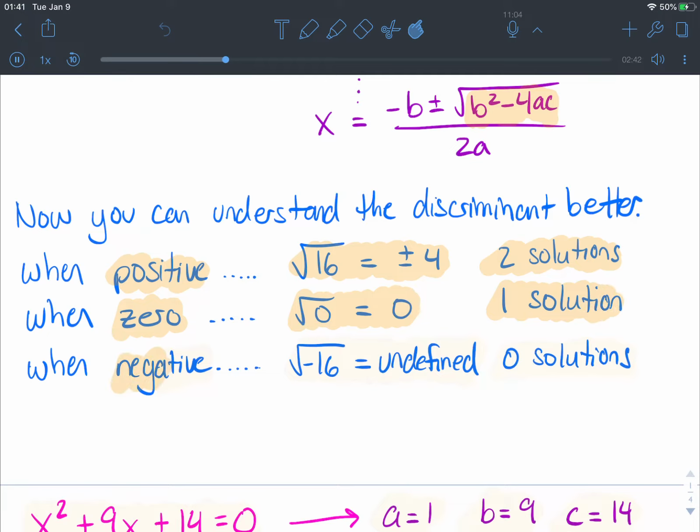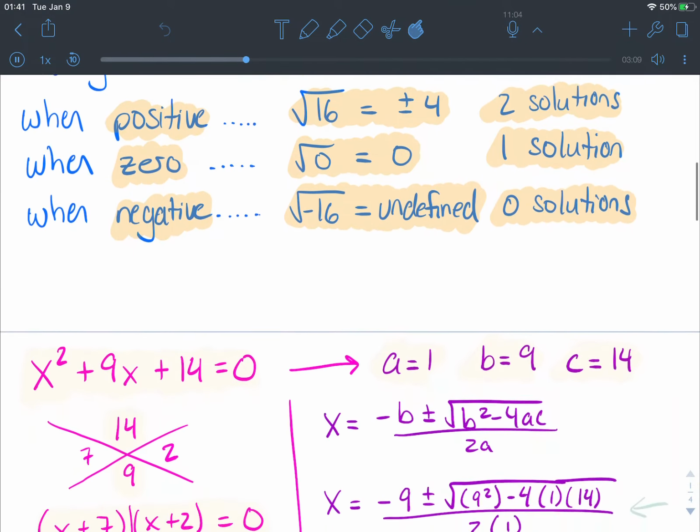And if it's negative, you guys should all remember, it is impossible to take the square root of a negative number, hence it's undefined, and you're going to have 0 solutions. We will not see that today, and you will not see that on any test in the future. But do note that if you take the square root of a negative number, then there is no solution, which means there are no x-intercepts should you graph the formula.